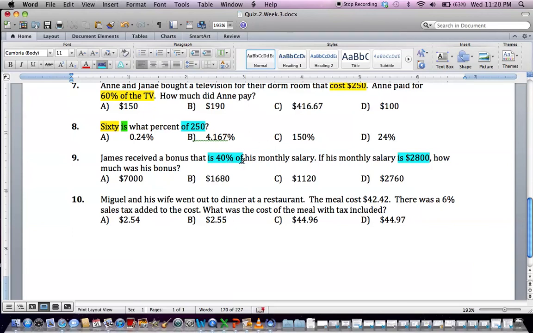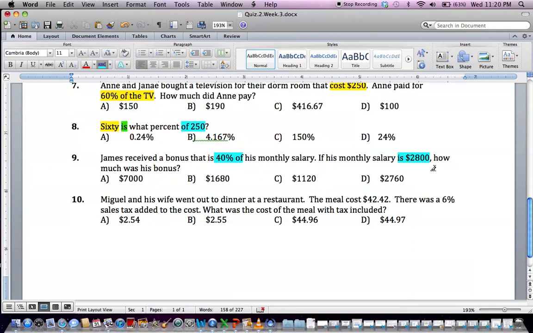You can use a percent proportion: is over of equals percent over 100.